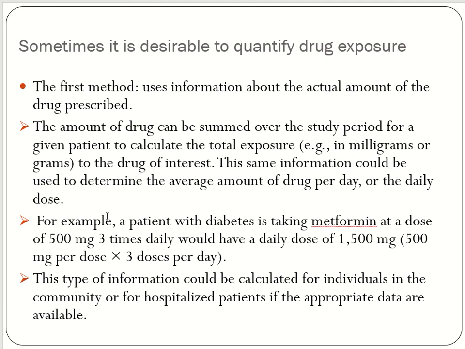So, for example, a patient with diabetes taking metformin at a dose of 500 milligrams 3 times daily would have a daily dose of 1.5 grams of metformin. This type of information can be calculated for individuals in the community or for hospital patients if the appropriate data is available.